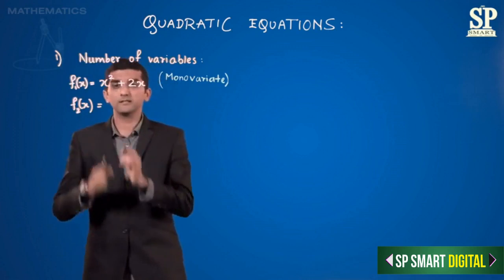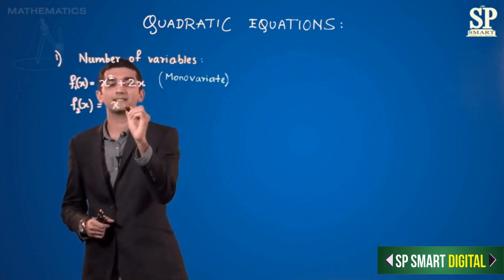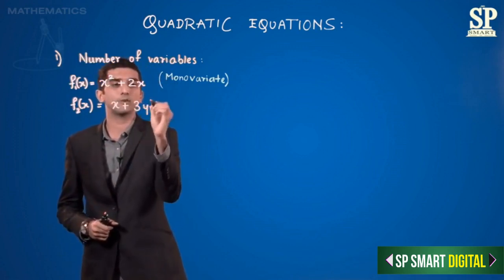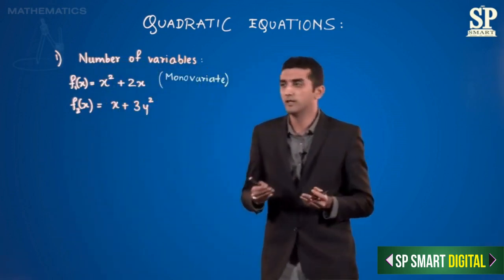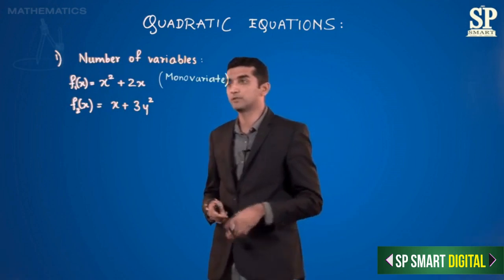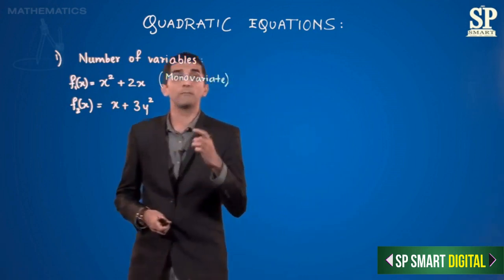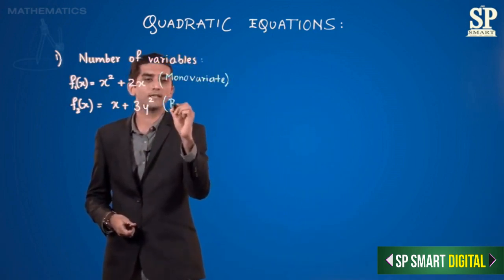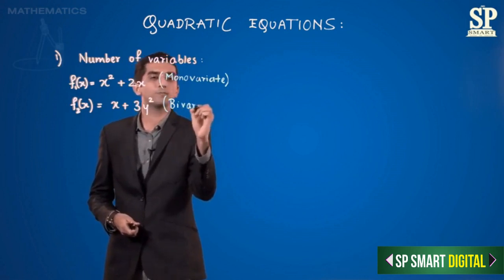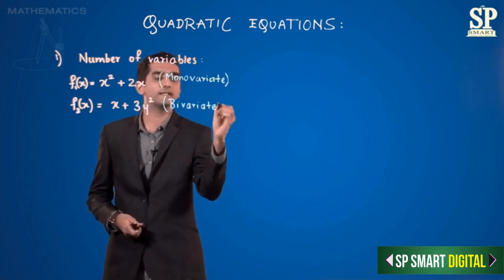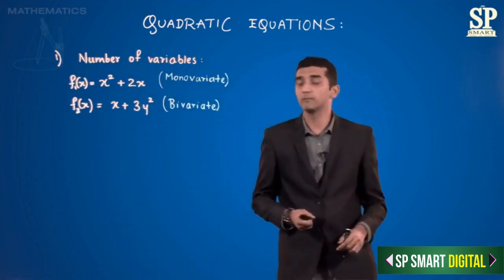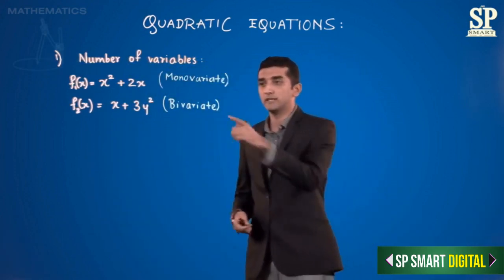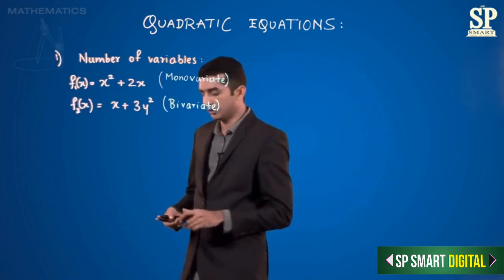So this is another polynomial, and if I write this as x plus 3y square, you can just write this as x plus y also, to make it as simple as possible. Now this will be a bivariate polynomial, because this polynomial has indeed two variables. One of them is x, another of them is y, and that is why it is a bivariate polynomial.